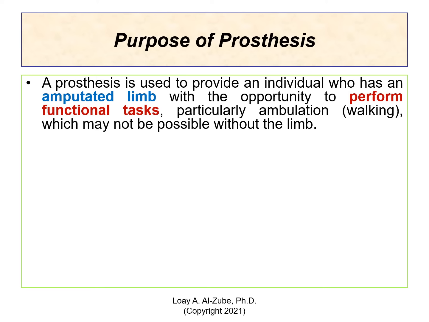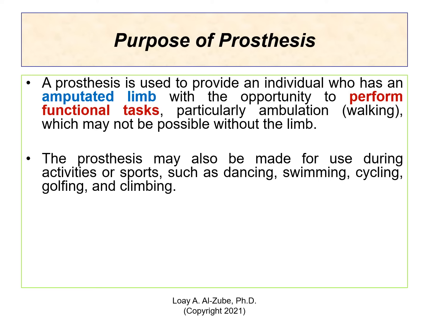Now, keep in mind, amputation, perform functional tasks. Those are our most important things. Prostheses may also be made for use during activities or sports, dancing, swimming, cycling, golfing, any of the other sports. Also, we keep in mind that we're going to be focusing on people with amputations. That's the most important thing.